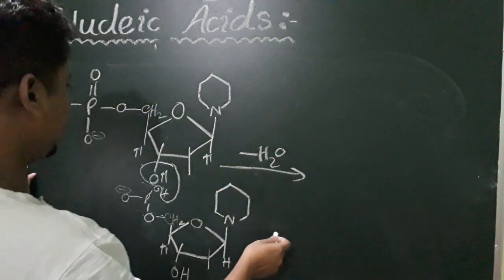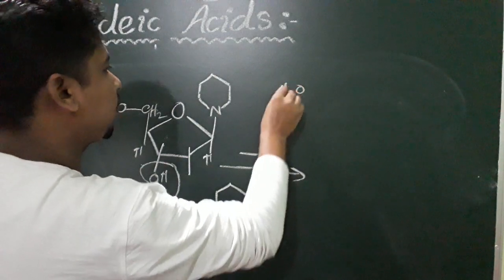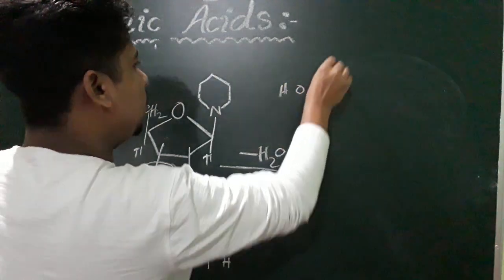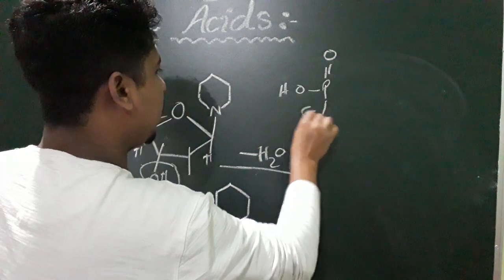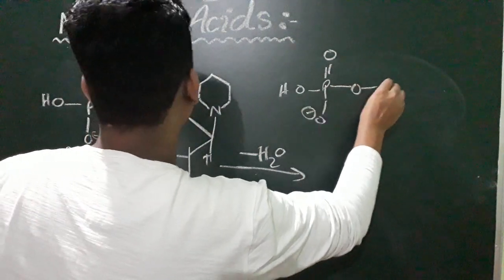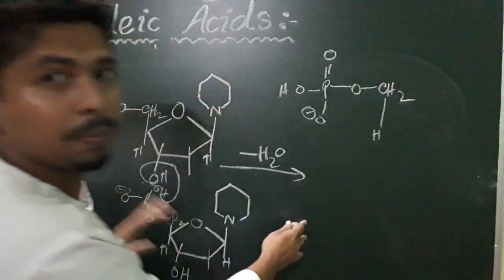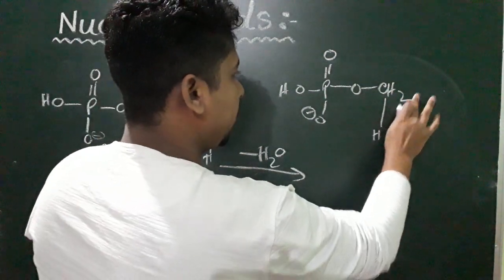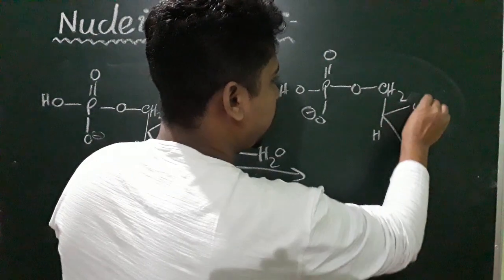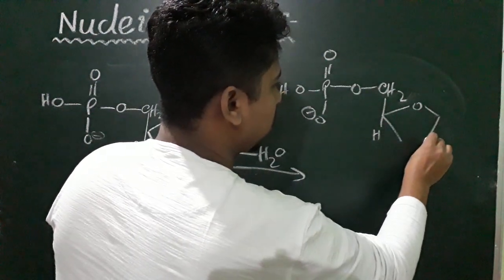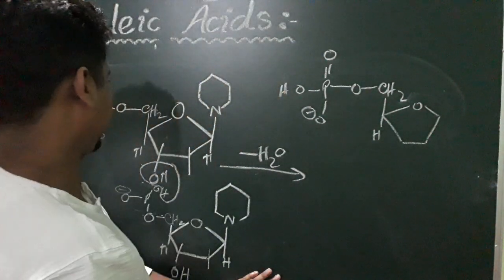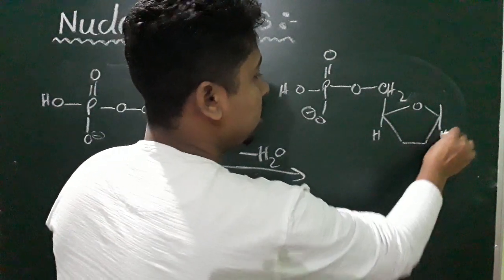So the resultant structure is, we have OH bond P double bond O, bond O minus, bond O, bond CH2, bond H. And here you have the pentose sugar unit. Here we have the nitrogenous base.